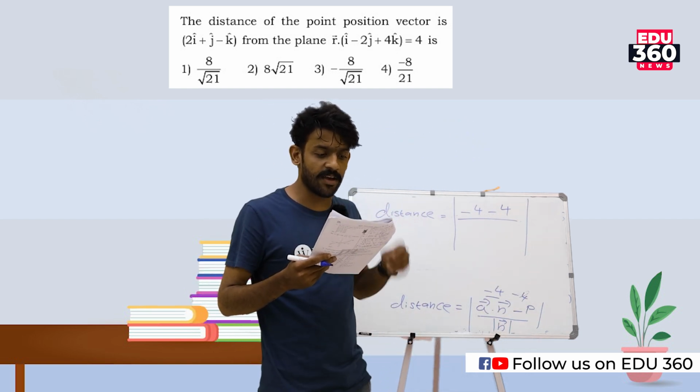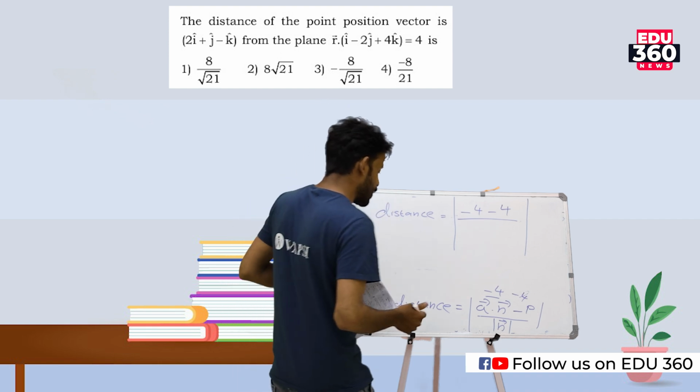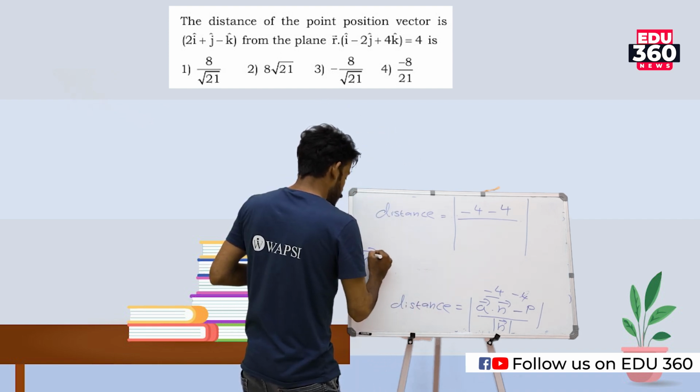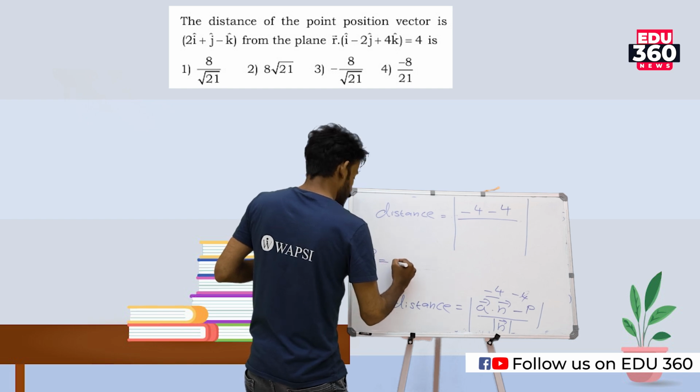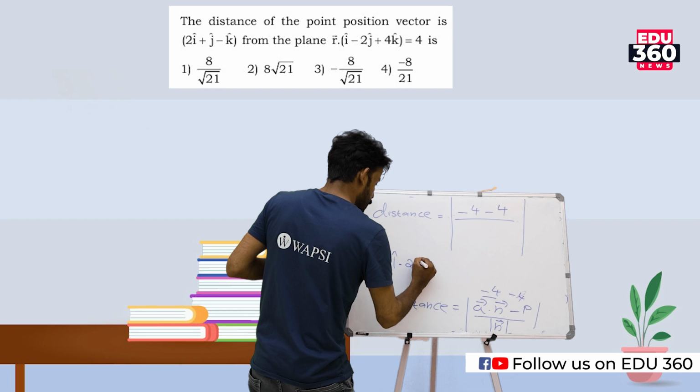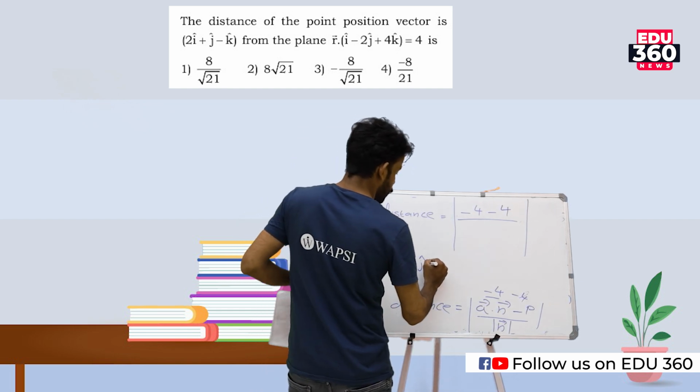What is the n vector? n vector is equal to i cap minus 2j cap plus 4k cap.